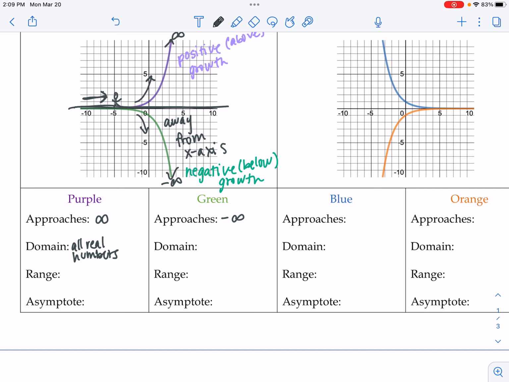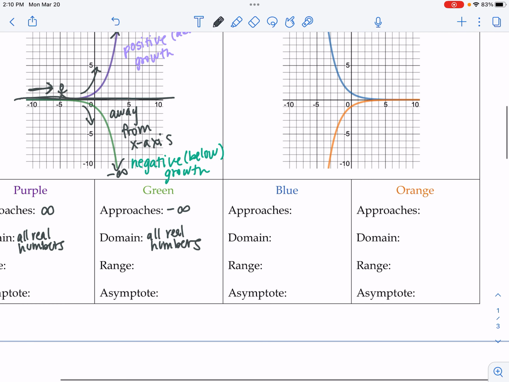The three functions we talk about are linear, quadratic, exponential. The domain for each of these functions is all real numbers all the time. Makes it super easy. So we can go ahead and fill in these two: all real numbers, all real numbers.